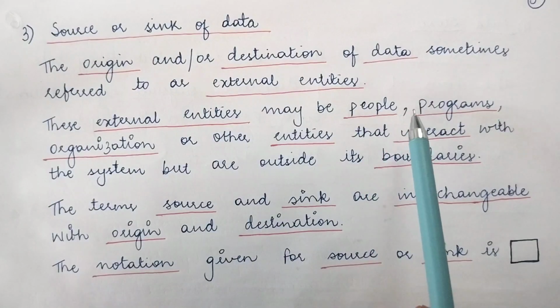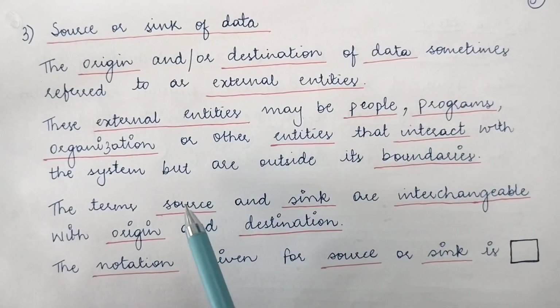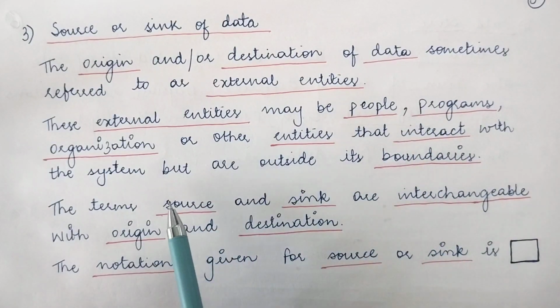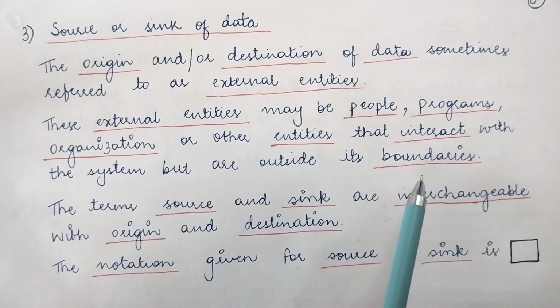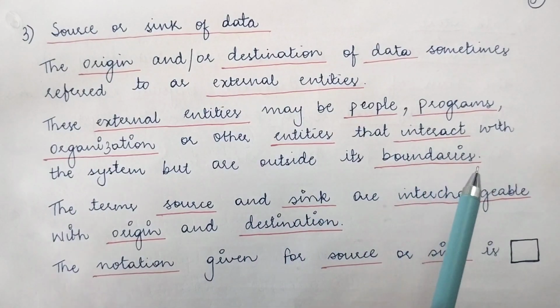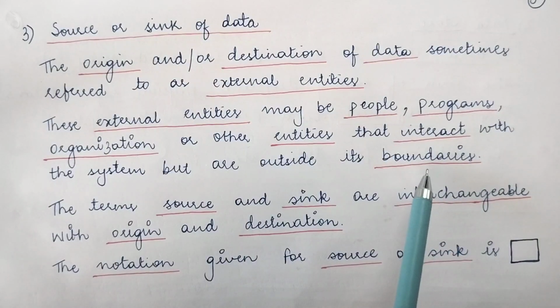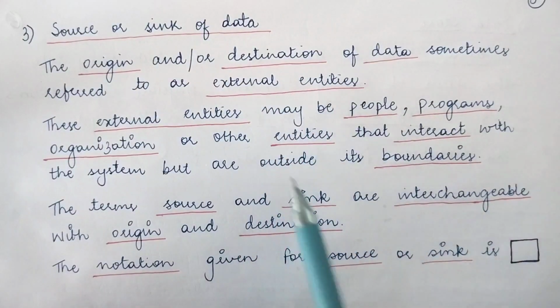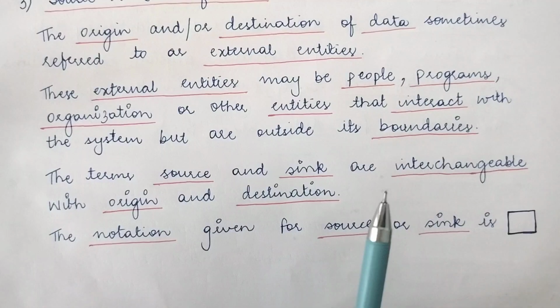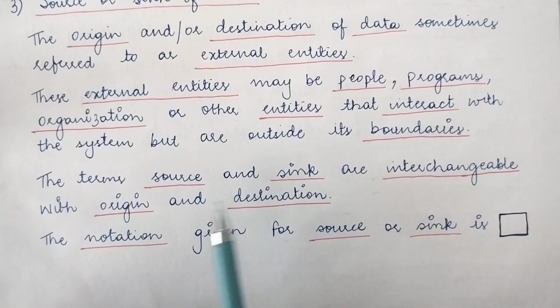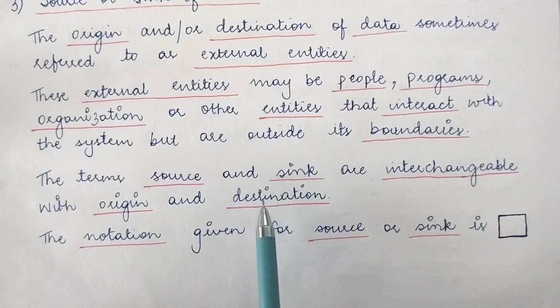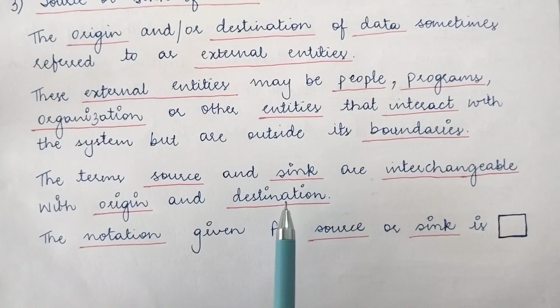They are basically outside the boundaries of the system. They are not within the boundaries of the system, hence they are known as external entities. The terms source and sink are interchangeable with origin and destination. As I said, origin is also known as the source of data and destination is also known as the sink of data.